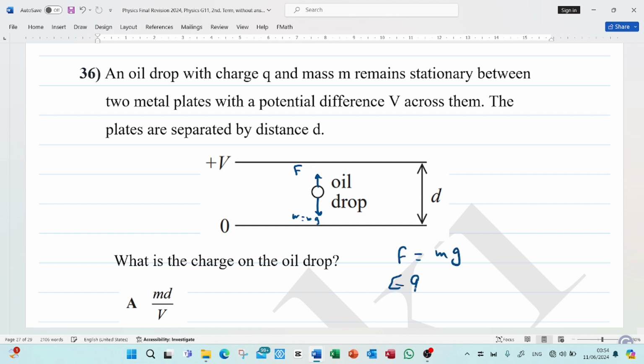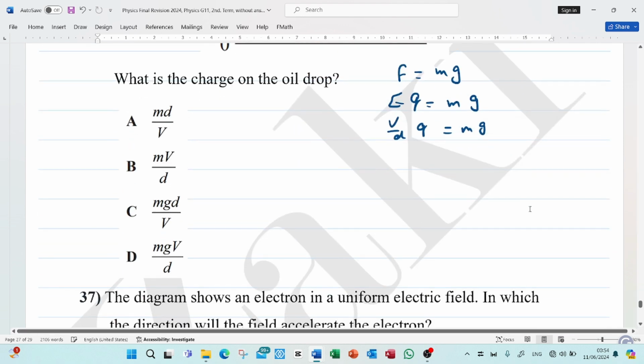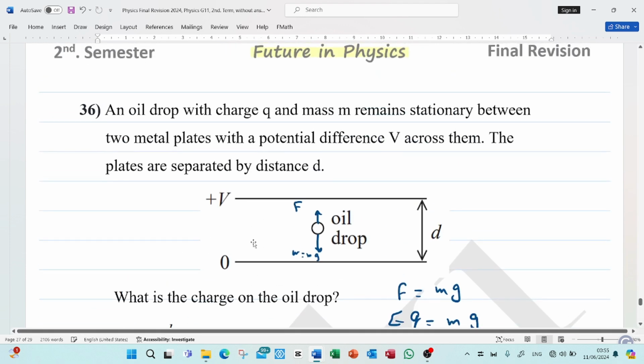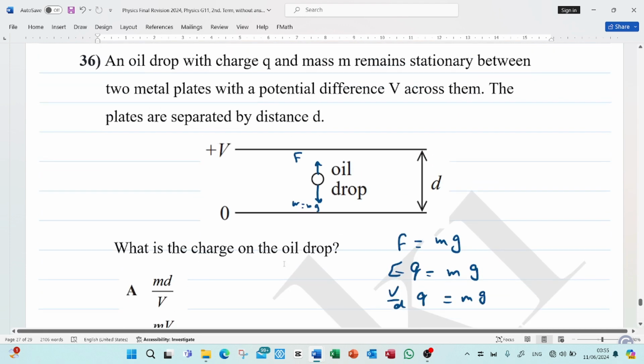F equals EQ equals mg, and E is V over D, multiplied by Q equals mg. When you rearrange this formula, you will get Q equals mgd over V. Then the correct answer of this part is C. I return back to read the question: what is the charge on the oil?